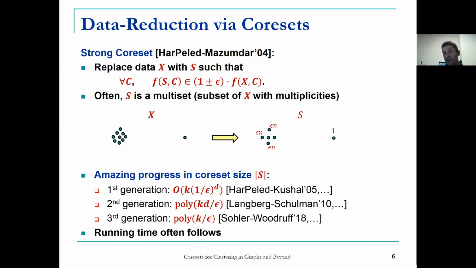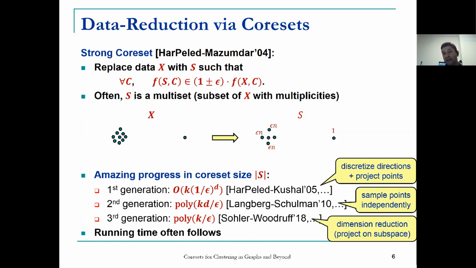So basically, there's no need for dependence on this, which of course fits very high dimensional scenarios, because you don't want to depend on the dimension D. Intuitively, what happens here is that basically you replace D with K. Intuitively, I never need dimension bigger than K. If I only have K clusters, in effect, my dimension is K. Okay, that's the intuition, but of course to implement it is more difficult.